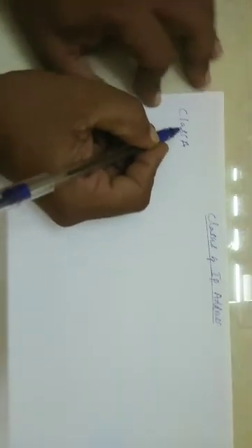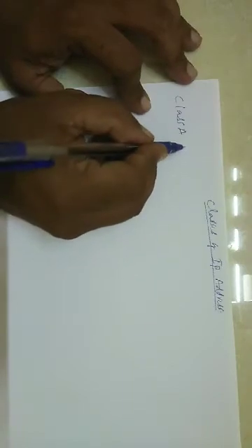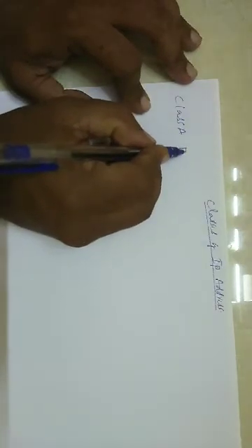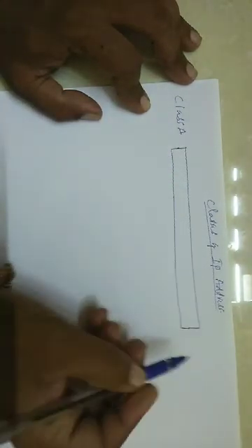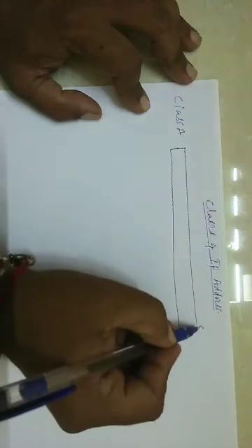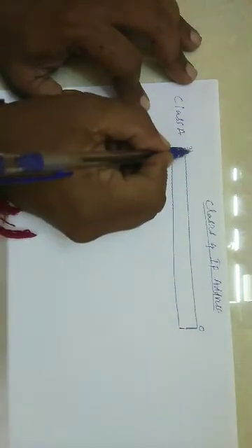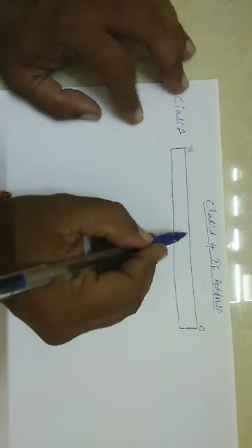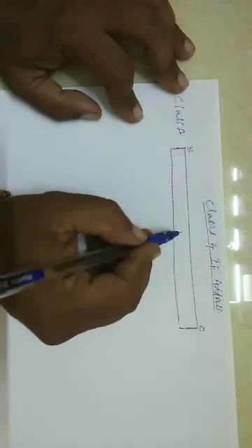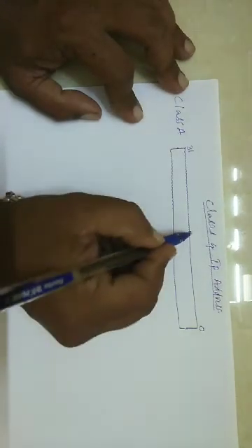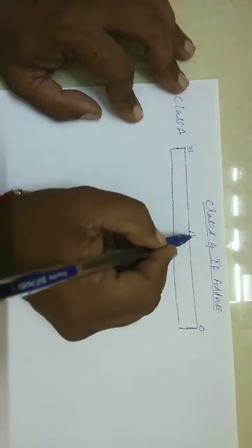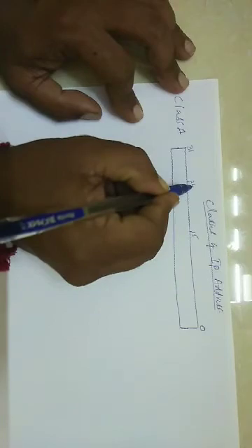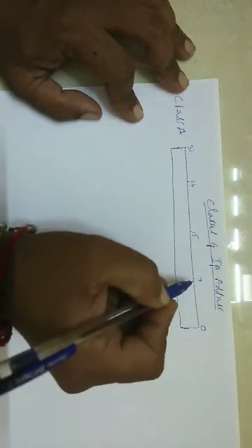IP addresses are 32 bits. We start with 0 and end with 31. I am marking 0, 15, here 24, and here 7.